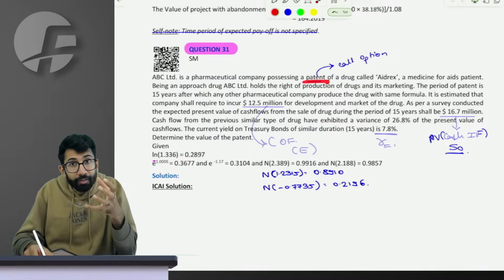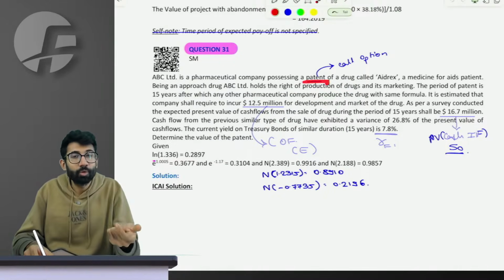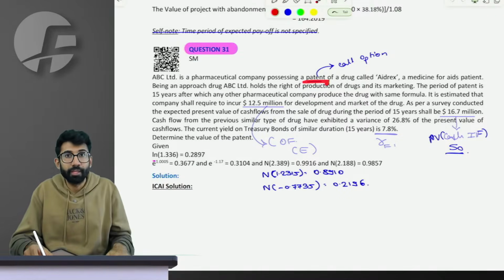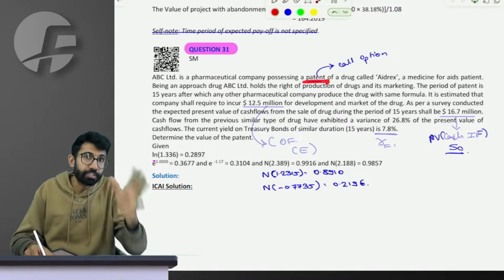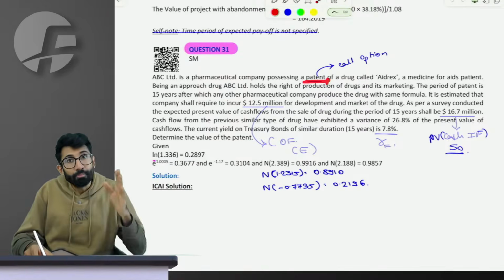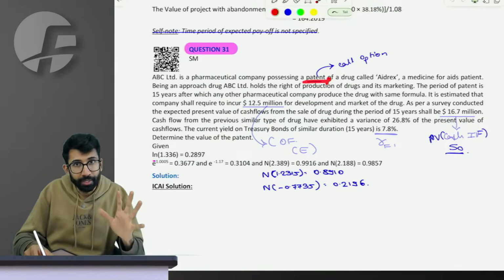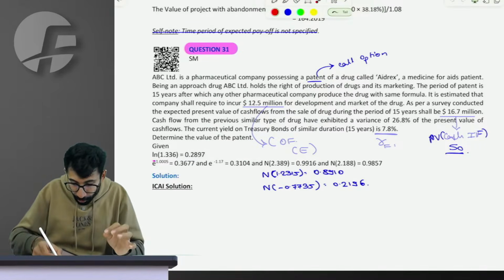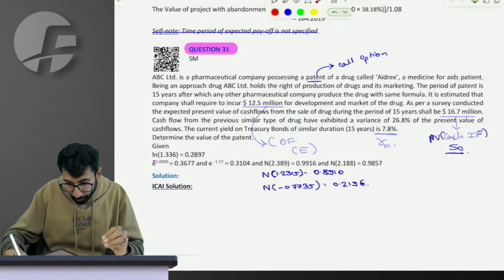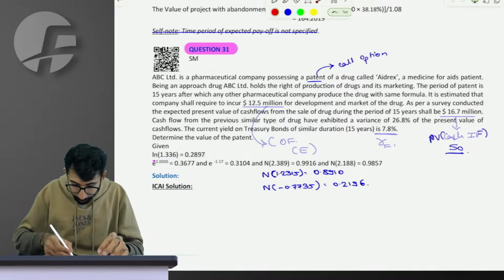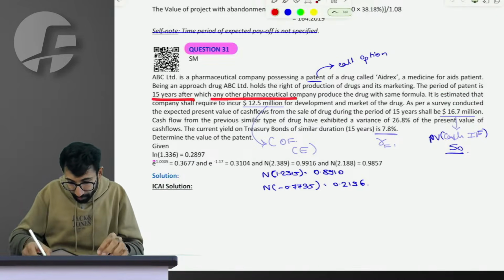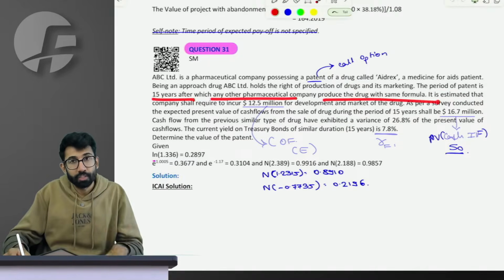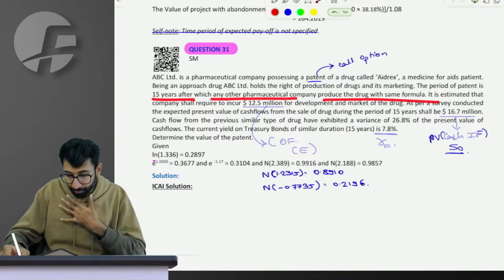Can you feel? I have an option. Basically a patent is what? An option to manufacture something, an option to invest in a project, an option to buy a project, correct? That patent gives me an option to buy the project. The period of the patent is 15 years, after which other pharma companies can also do it. For the next 15 years, I have the option.